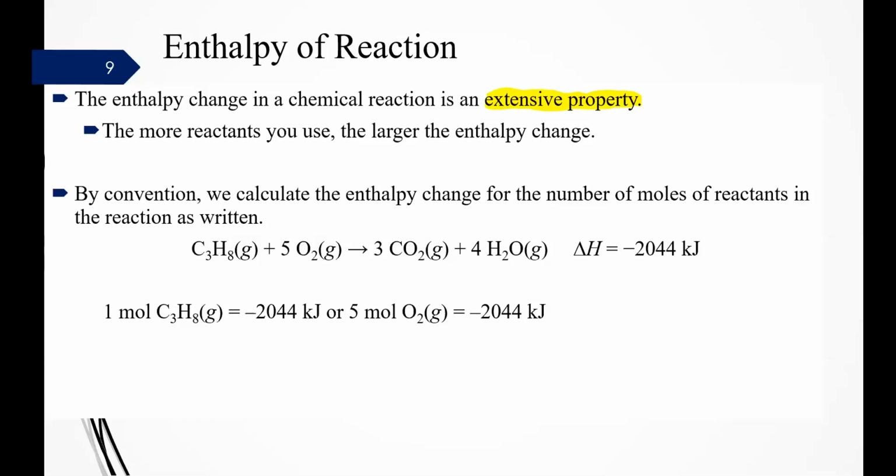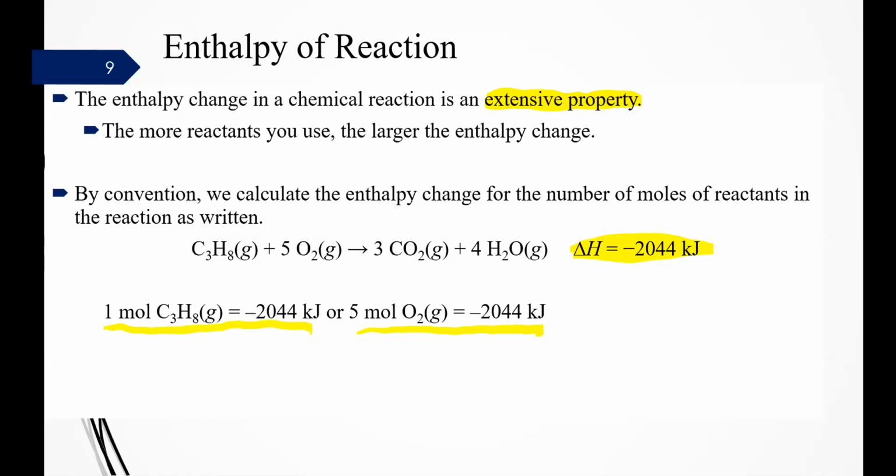And then by definition, when they write it over here, that's to do one set of this reaction. So that's 1 mole of C3H8, 5 moles of O2, makes 3 moles of CO2, 4 moles of H2O. So you can imagine that 1 mole of C3H8 will release that much energy, or 5 moles of O2 will release that much energy, depending on our process.